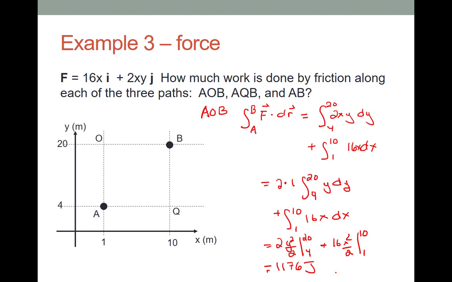Now let's look at AQB. So again, integral from A to B of f dot dr. Again, I'm going to break it up into two pieces. The integral from A to Q, dr will only be in the x direction, so I can write this as the integral from A to Q of 16x dx.